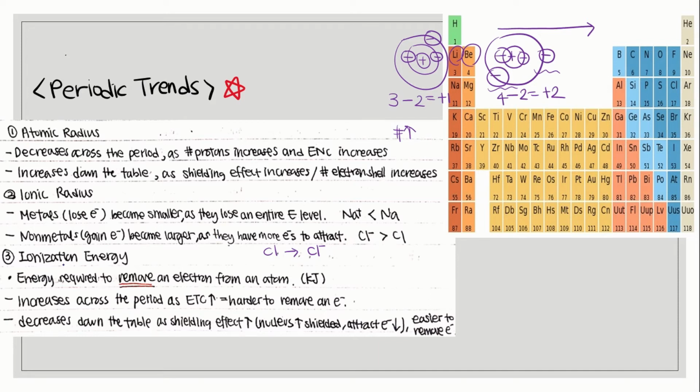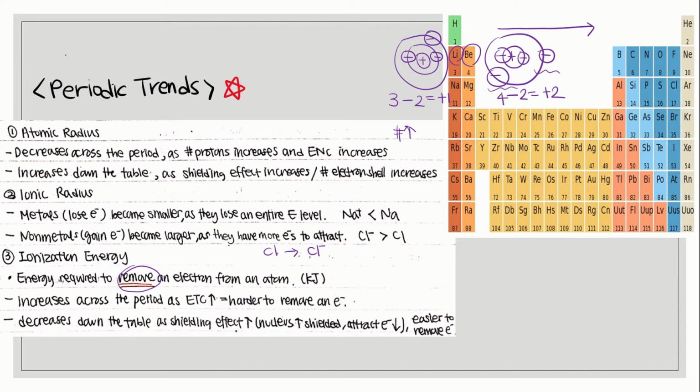Next is the ionization energy. It is the energy required to remove an electron from an atom. Ionization energy increases across the period as ENC increases, because it's harder to remove an electron if the nucleus is more effective at pulling the electrons. And it decreases down the table as shielding effect increases.